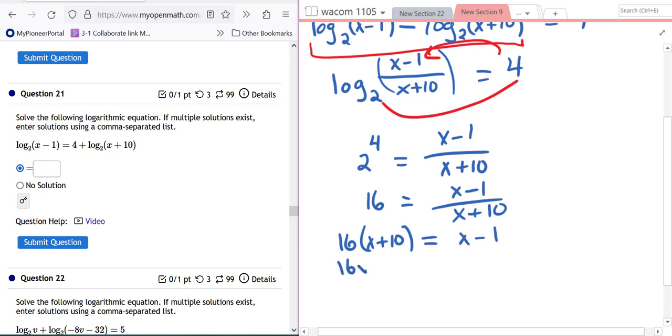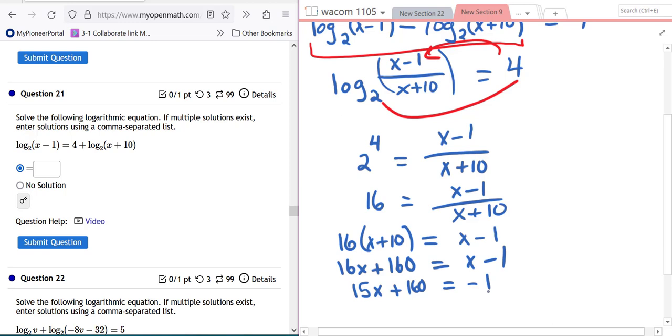So we have 16x plus 160 equals x minus 1. At least we don't have to factor this time. So we'll subtract the x. So we have 15x plus 160 equals negative 1.